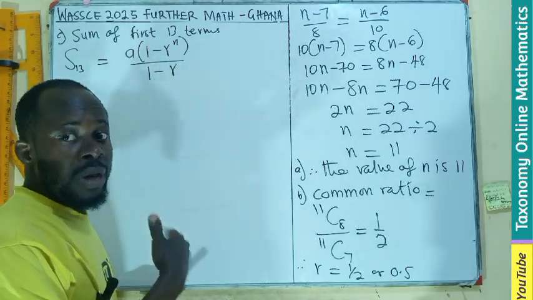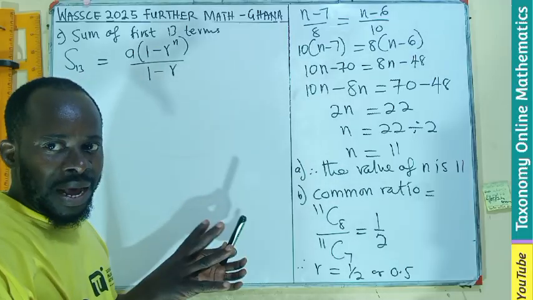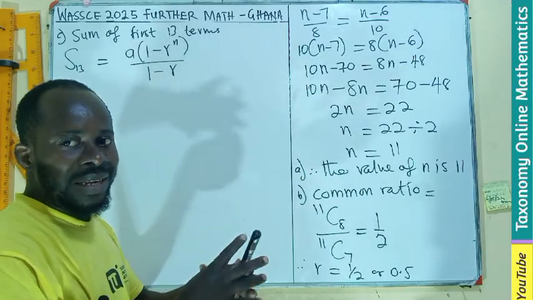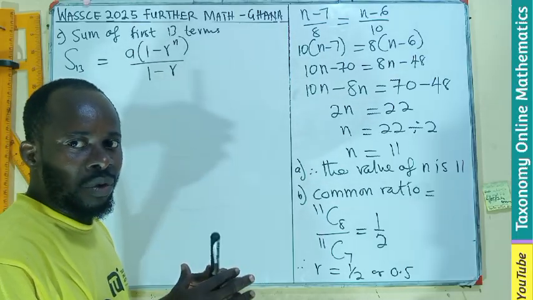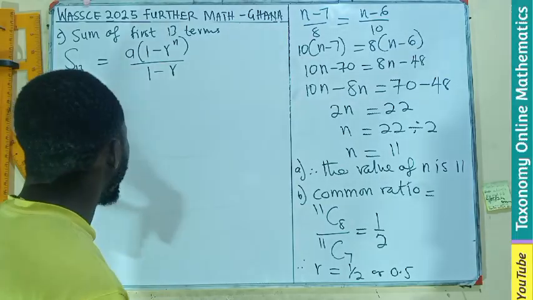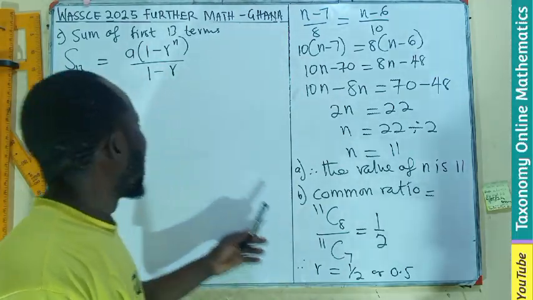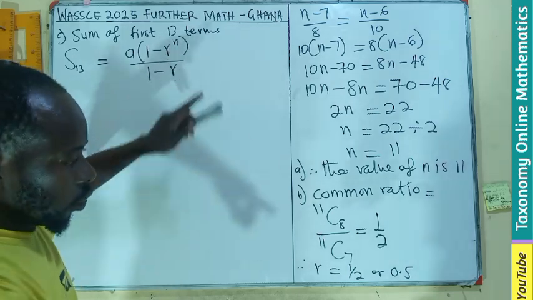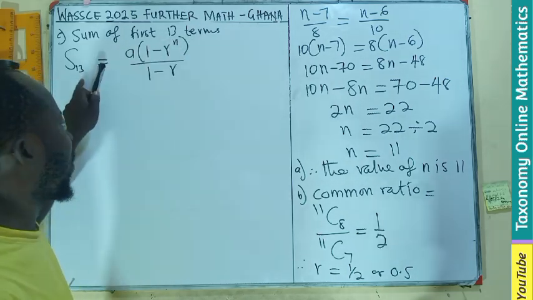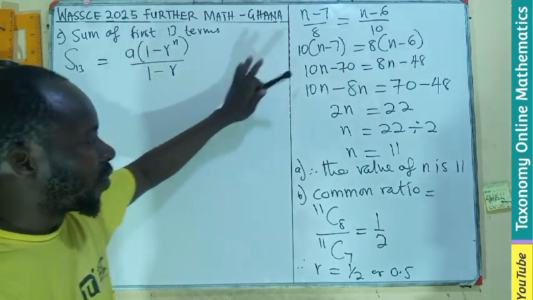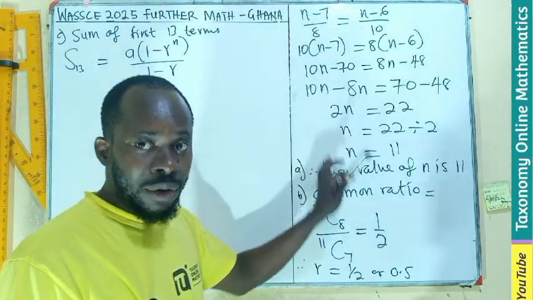These formulas are all derived in the episode on sequence and series. Check the playlist on YouTube, you get all this information. So a stands for the first term, and r for the common ratio. We found n, the number of terms. Now a is not found in the values we have so far.